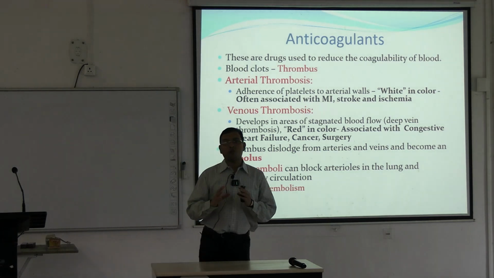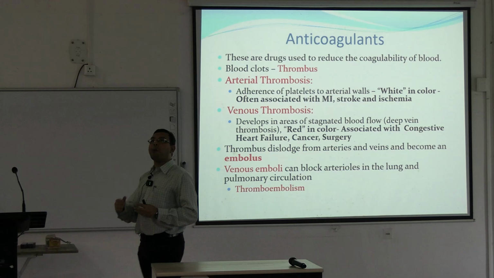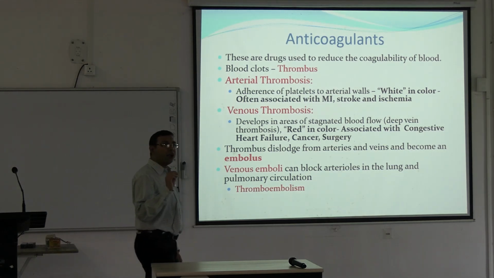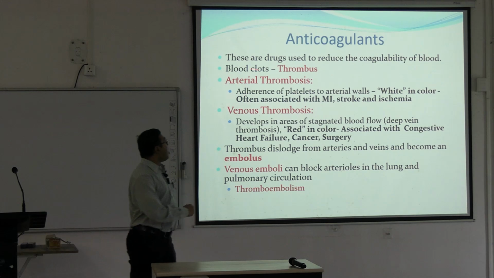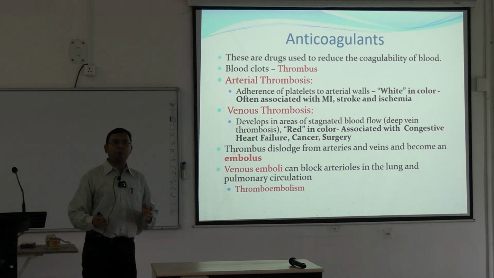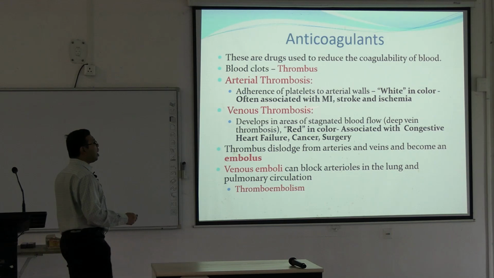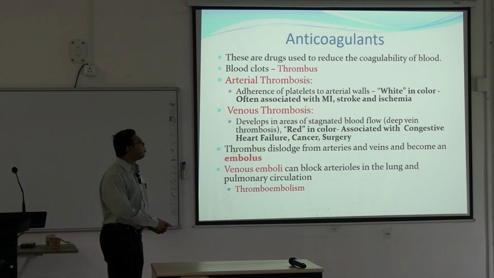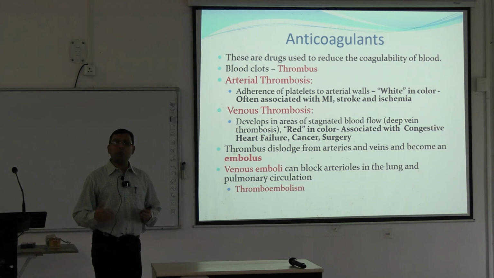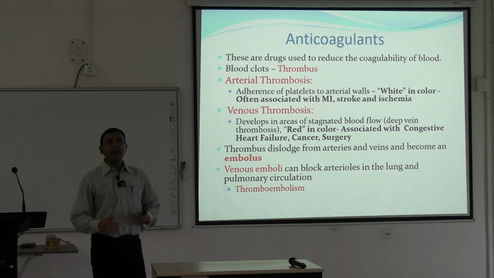So when there is thrombus formation, or a propensity for thrombus formation, in those cases we have to use anticoagulants. You have read about the different types of thrombus in pathology, I think: arterial thrombus, venous thrombus, white thrombus, red thrombus. Arterial thrombosis is white in color, associated with myocardial infarction, stroke and ischemia.